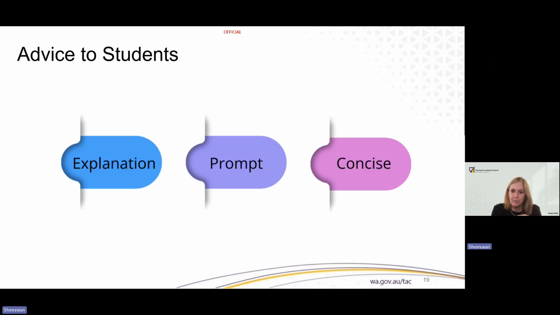How long does your training program last? There is not going to be one size fits all. But whatever it is, you need to provide an explanation, i.e. successful or not successful. It needs to be prompt so that they can continue with the enrolment process and meet requirements at the start date. And any information should be concise enough so that they understand any decision that has been made.